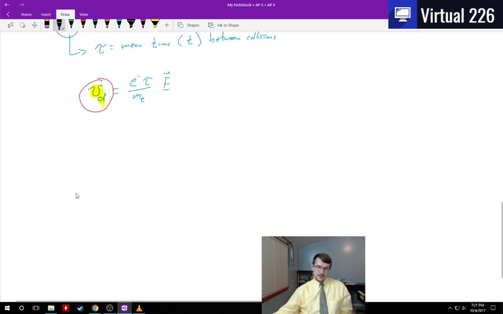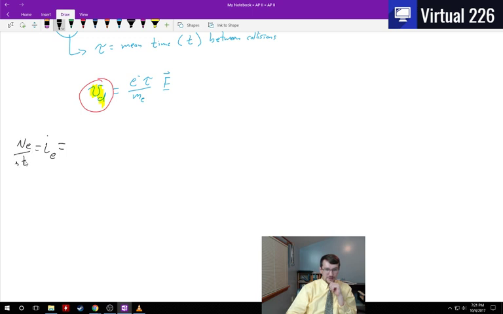This means that our electric current, the number of electrons per some amount of time, remember that, is equal to the electron number density in a wire times the electric charge times the mean time between collisions, tau, times a cross-sectional area, all over the mass of an electron times an electric field.